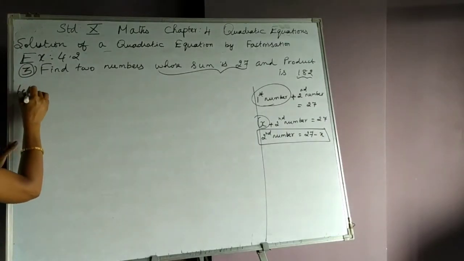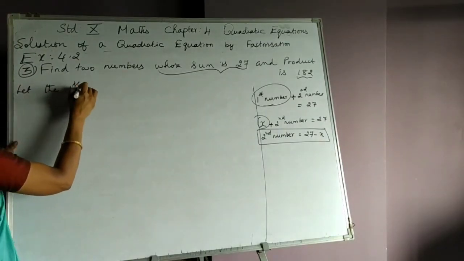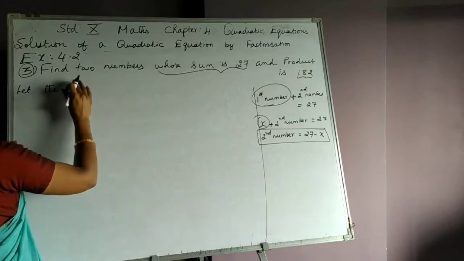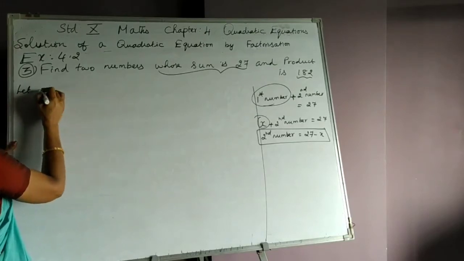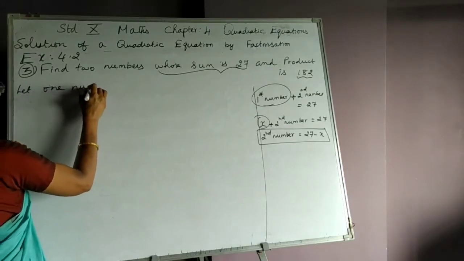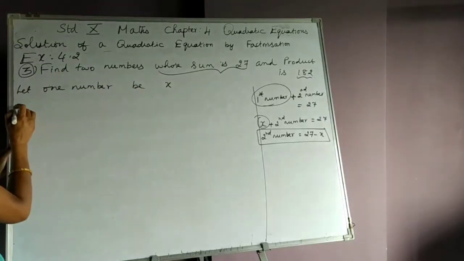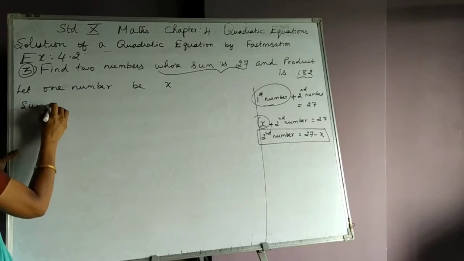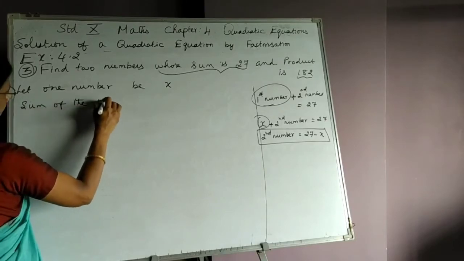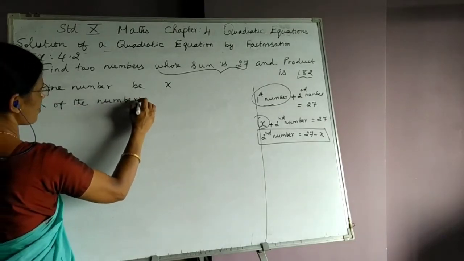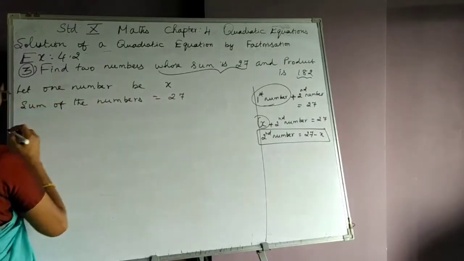So we are going to assume, let one number be x. Sum of the numbers is equal to 27.